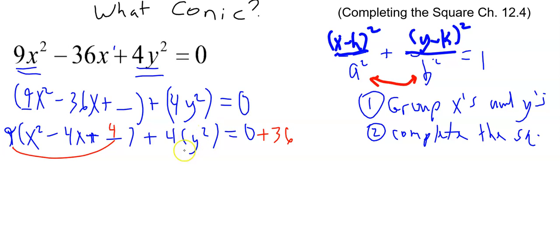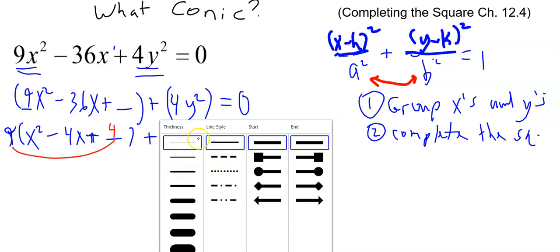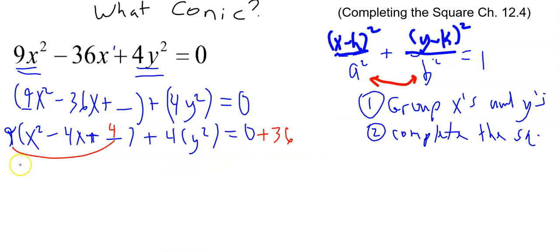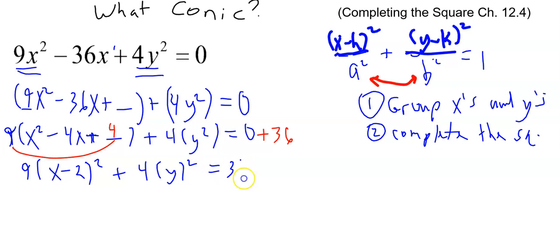There's no completing the square over here for the y term. That's just the way it is there. So now let's finish this off. So this is going to be 9 times x minus 2 squared plus 4 times y squared, or y minus 0 squared, if that helps, equals 36.